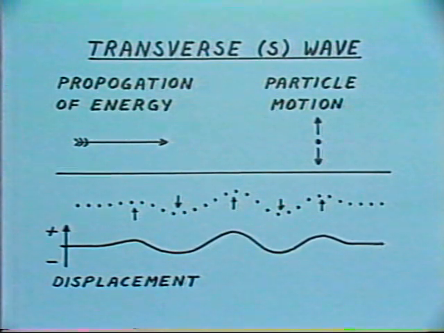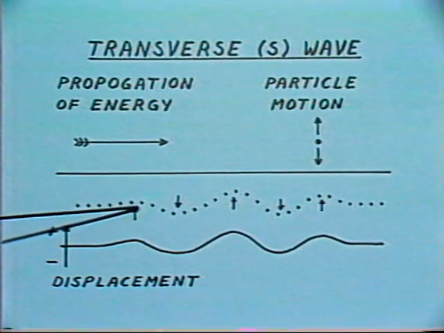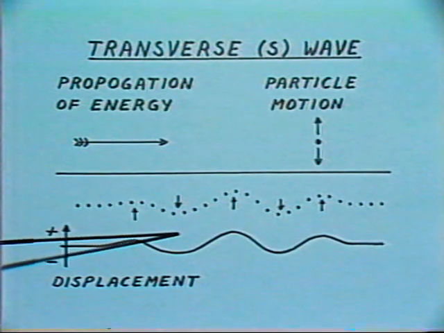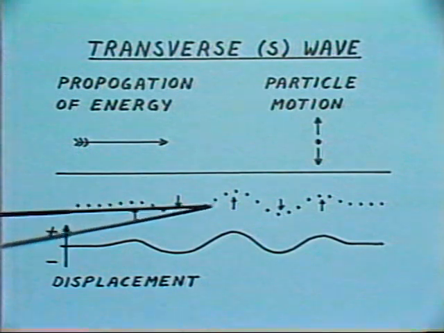So again, if we imagine a line of particles in the Earth as the wave travels along, then at any particular instant in time, the particles would be displaced in one direction or the other from their rest position, which would have been in a straight line.